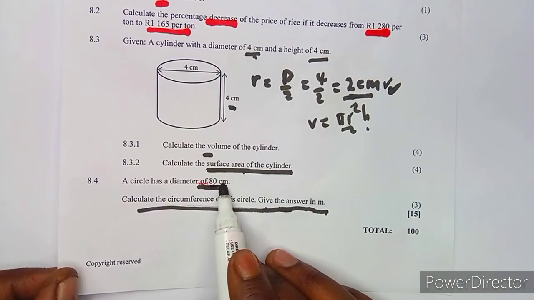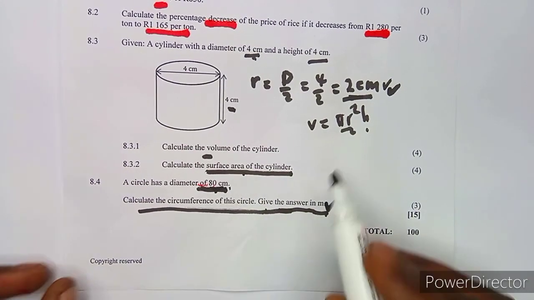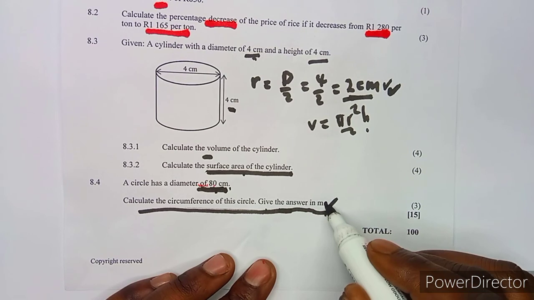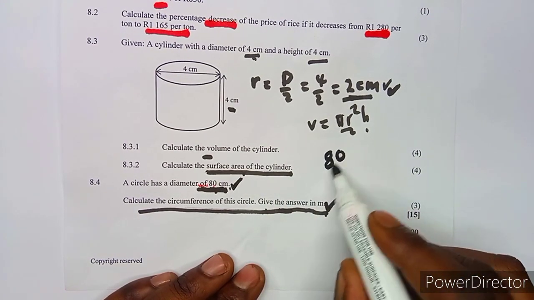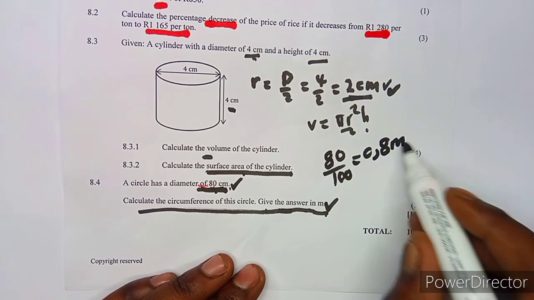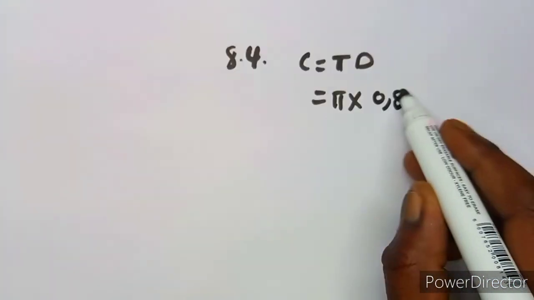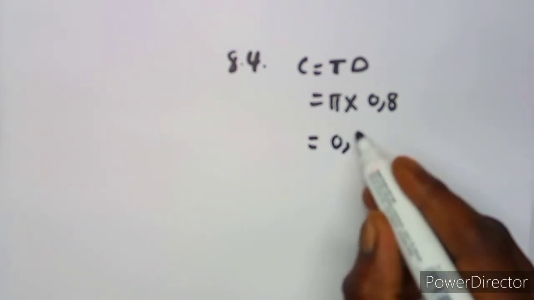The diameter is 80, but it's in centimeters. So if our answer is needed in meters, we are going to change 80 to meters. So you divide by 100. In this case, that's 80 divided by 100, which is 0.8 meters. So that means you're going to multiply pi by 0.8, which is already in meters. All right, so that's going to give you 0.8 pi.